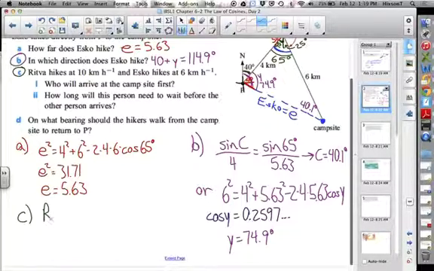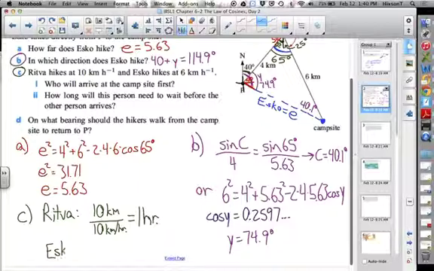So Ritva, 10 kilometers. How fast was he going? 10 kilometers per hour. So how long does that take him? 1 hour. Okay. So how about Esco?